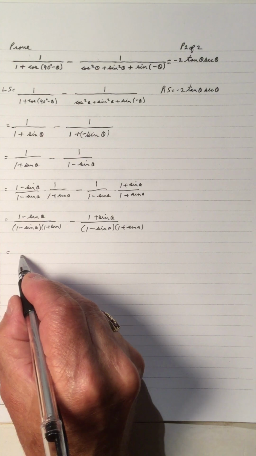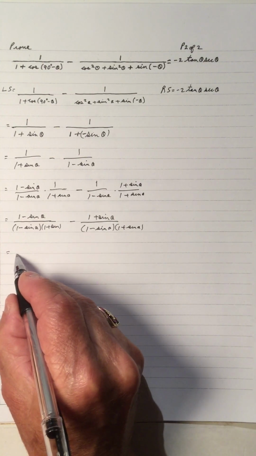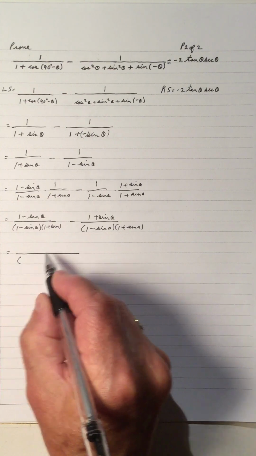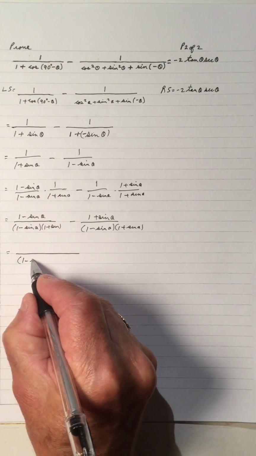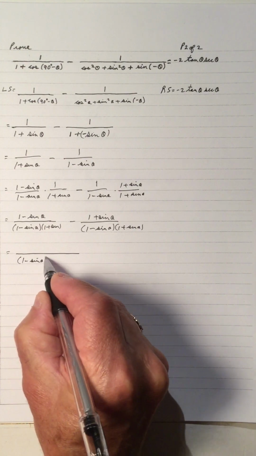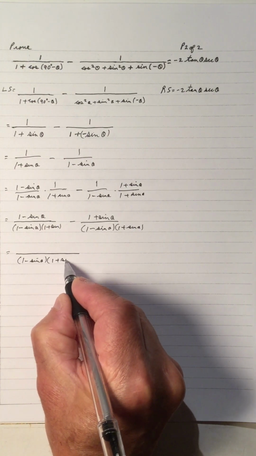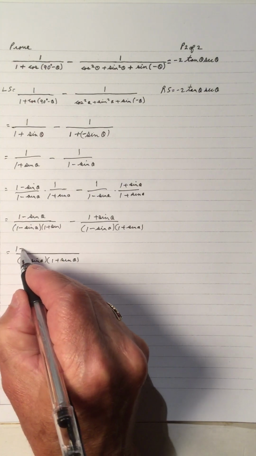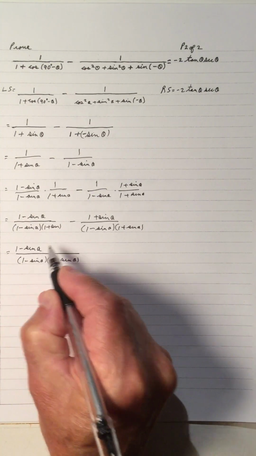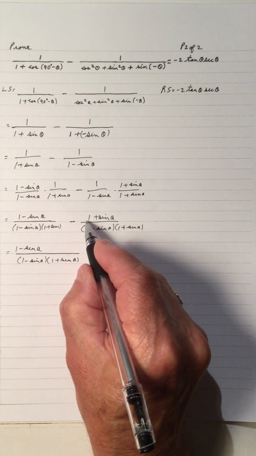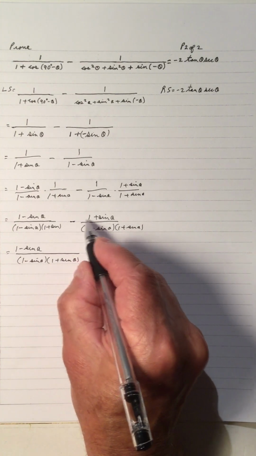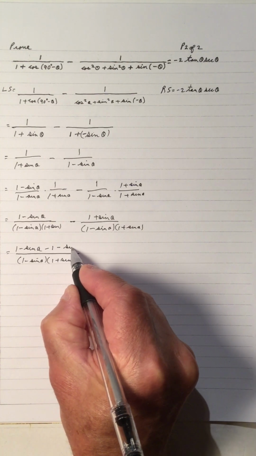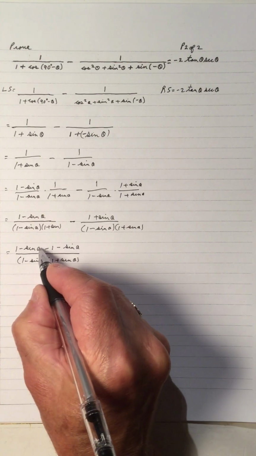I have the same denominators, so I'll write the denominator down. Common denominator. Now I'm going to take 1 minus sine theta, and I'm going to subtract 1 plus sine theta. When I subtract this, that makes it negative 1 minus sine theta.